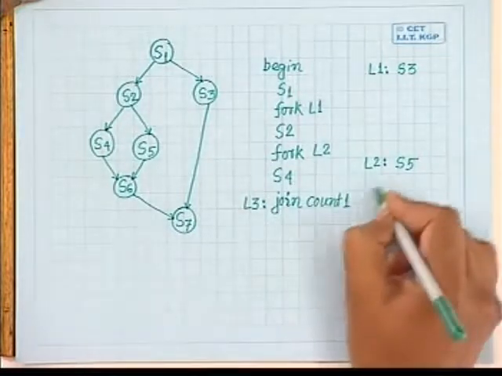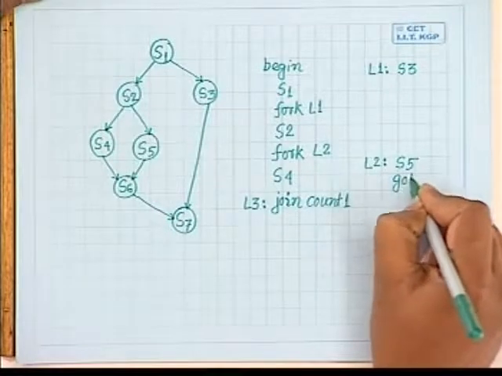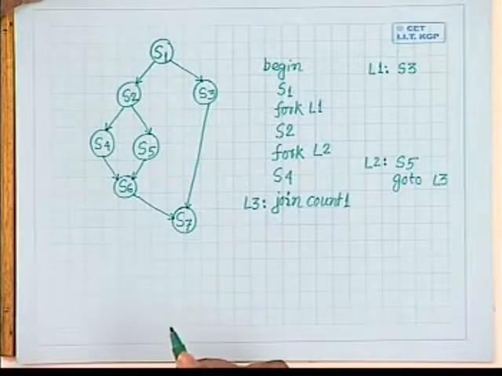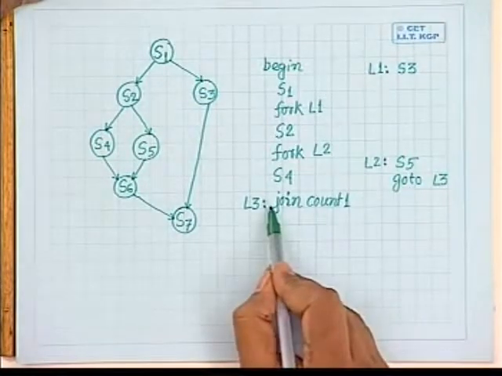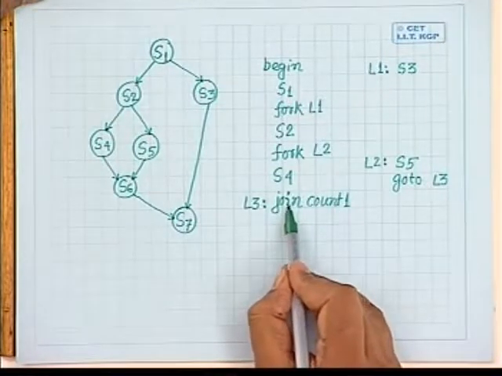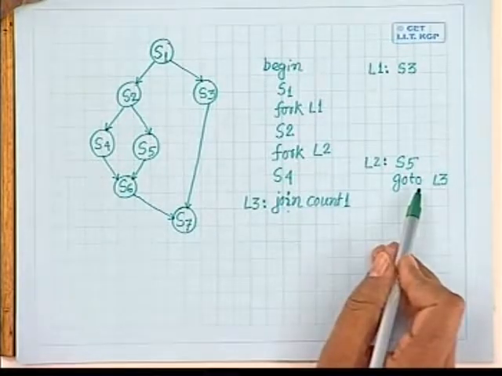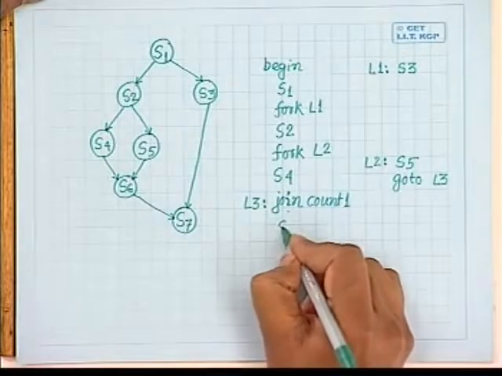And after S5 I put go to L3. After completion of S5, the process comes here and executes join count 1. After S4, this process comes here and executes join count 1. One of these two will be terminated, and the one which survives will continue and execute S6.